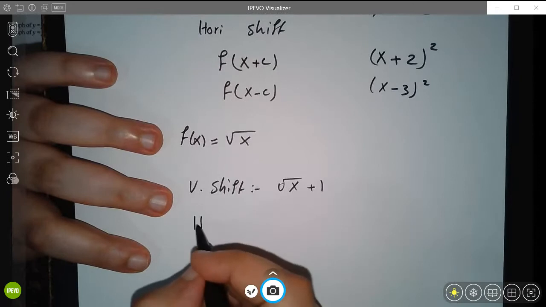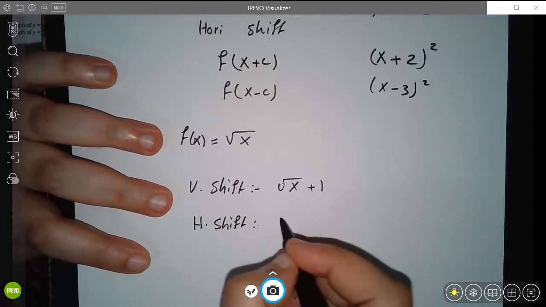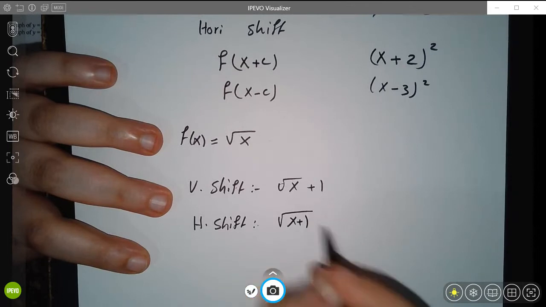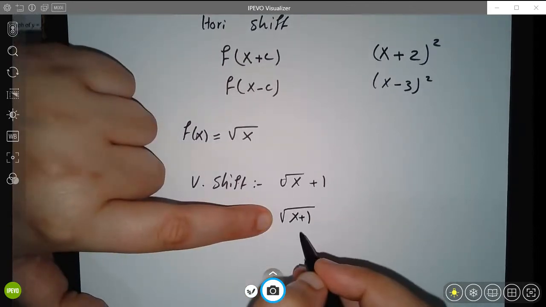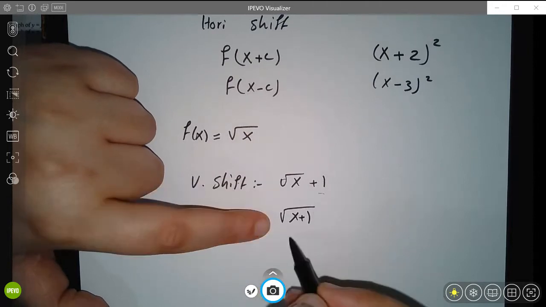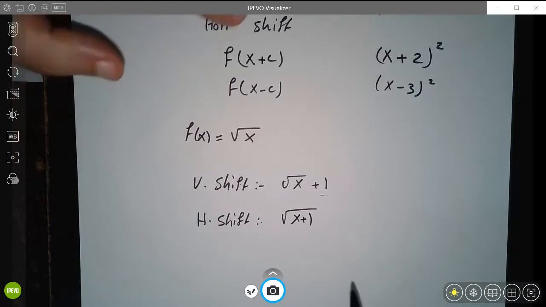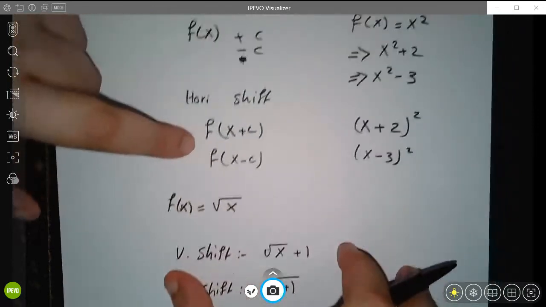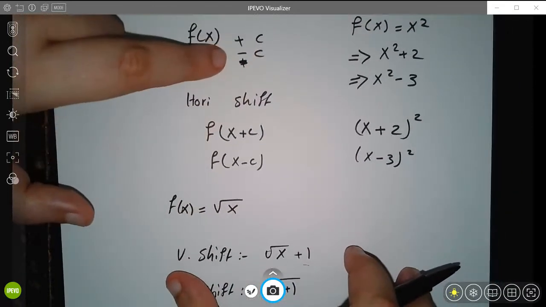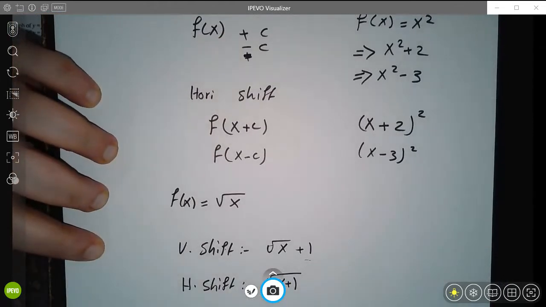If it was a horizontal shift, then it would be root of x plus 1. See that? The plus 1 was under the root. Does it make sense now? So this is outside and this is inside. For one of them, you're plugging it inside f of x. For the other one, you are just adding or subtracting to the function. Make sense? Does anybody have any question about that one?